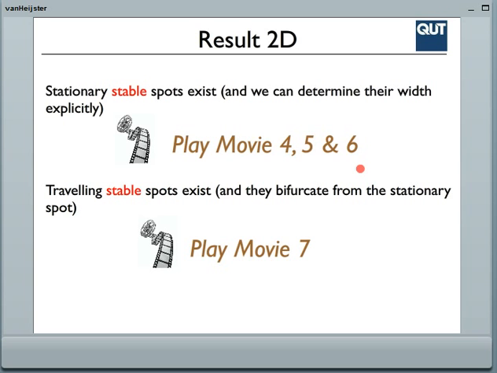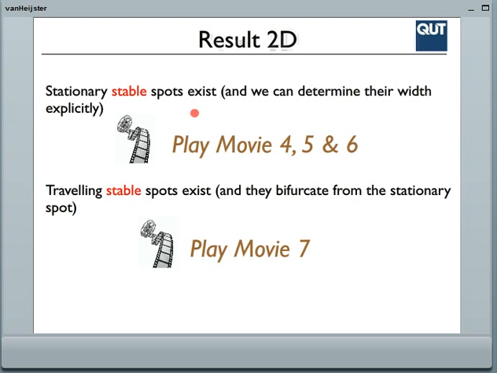Also in 2D we have a lot of results. There are a lot of these in our papers, but we will just sketch them. So you can construct spot solutions. Spot solutions are radially symmetric solutions, so we can transform our two-dimensional PDE and construct these stationary solutions, and we can determine their stability.